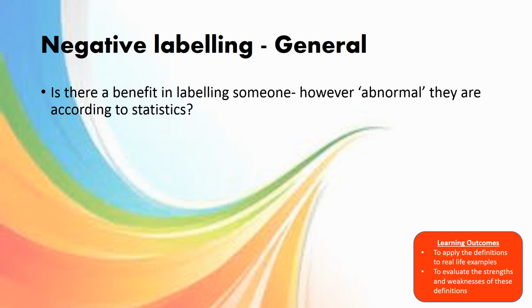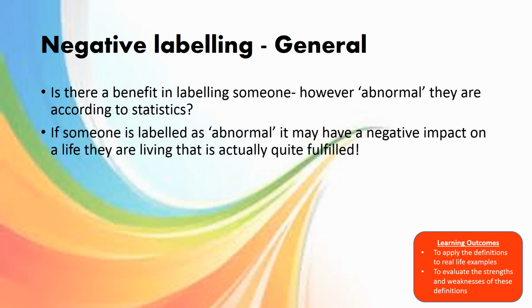Are they abnormal according to statistics, or are they abnormal because they're suffering? And this is a very difficult one, because if you've got someone who's labelled as abnormal, then this can actually have a very negative impact on their life, and they might be living a life that actually they're quite fulfilled and they're quite happy. So you see that a lot on the Undatables, and there's a little clip for you.